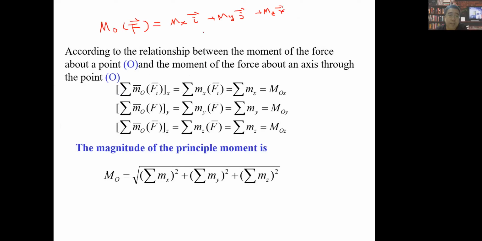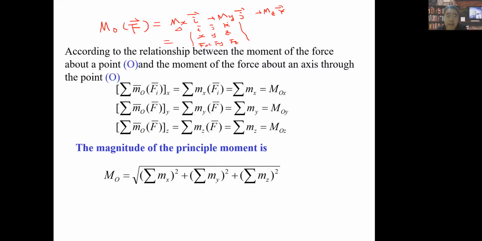How can we get this result? We only need to do the calculation of the determinant with i, j, k, then x, y, z, which are the coordinates of its position vector r, and Fx, Fy, and Fz, right? And what about the relationship? Interestingly, we can find that this component has the same value as the moment of the force to axis x.